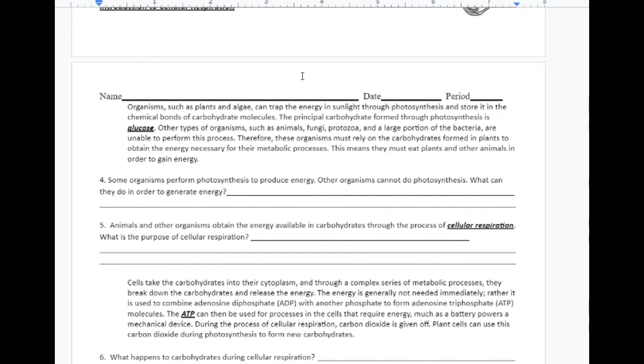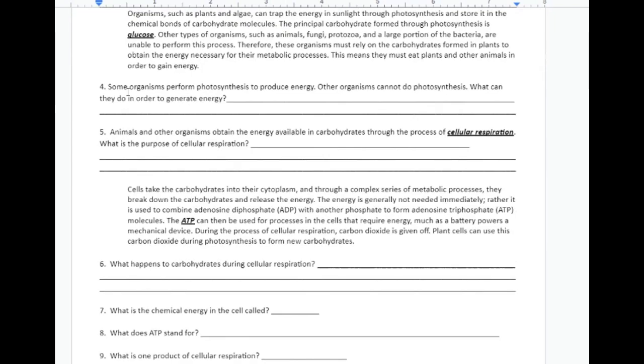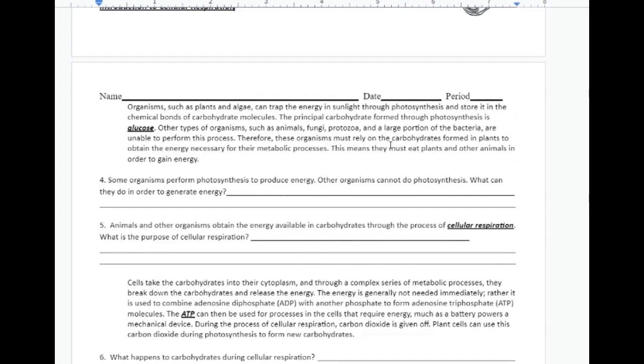Therefore, these organisms must rely on carbohydrates formed in plants to obtain the energy necessary for their metabolic processes. This means that they must eat plants and other animals in order to gain energy. Of course we do. Some organisms perform photosynthesis. Other organisms do not. What can they do in order to generate energy? How about eat plants and animals?